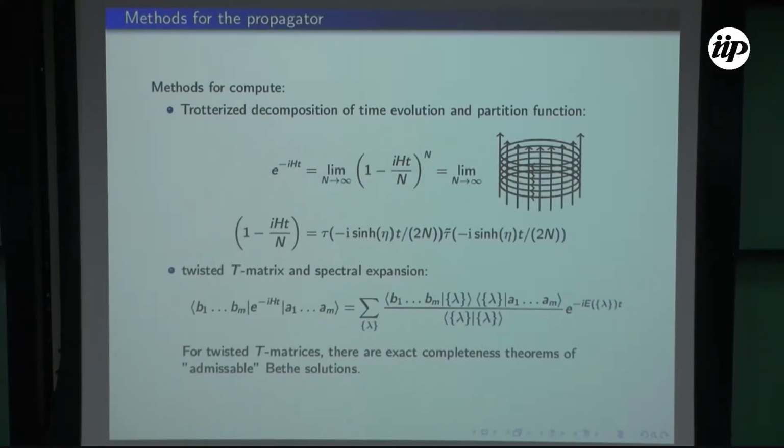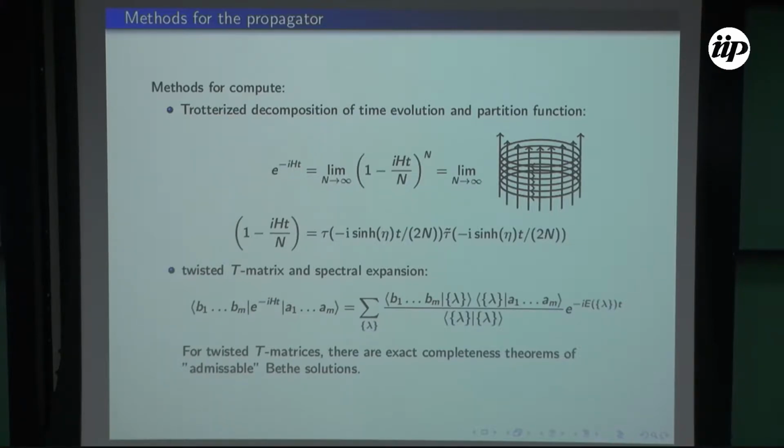So the 2 methods: this Trotter decomposition of the time evolution operator, and this twisted T-matrix method. I would like to give a short introduction to both methods.